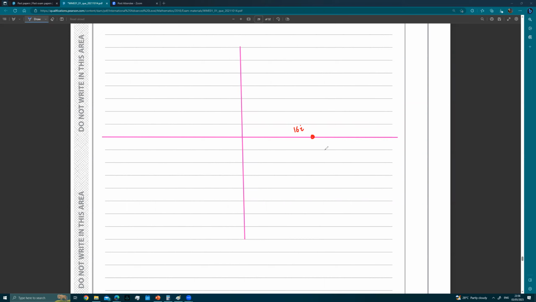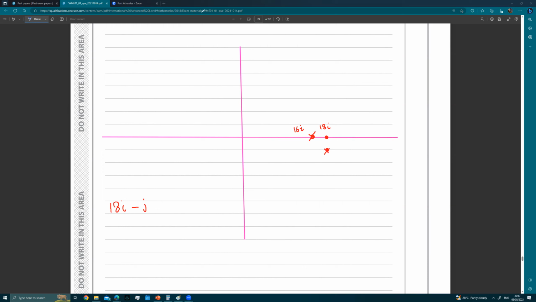Then 2 hours later, the ship had position vector 18i minus j. So if I were to plot this, if this is 16, let's say this is 18, this is 18i, and then minus j. So it's like 1 along the negative j direction. So this is where the ship was, and this is where the ship is now.